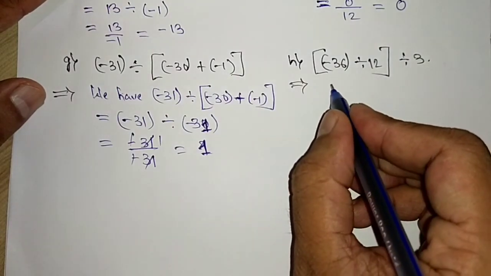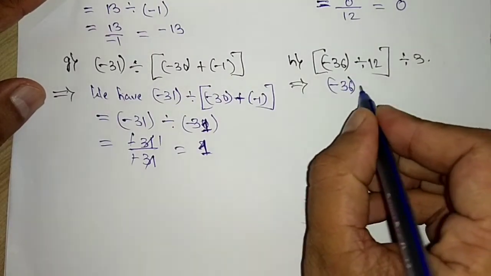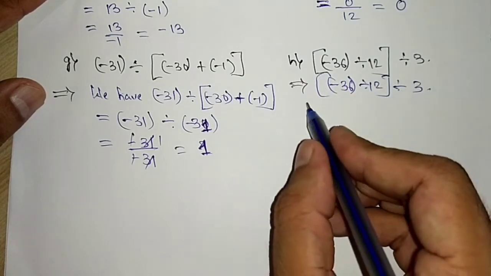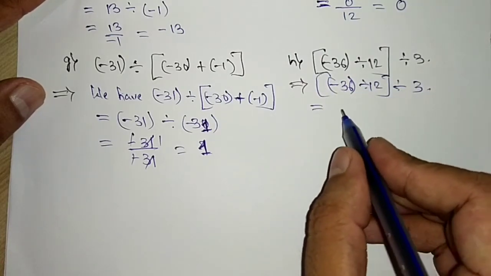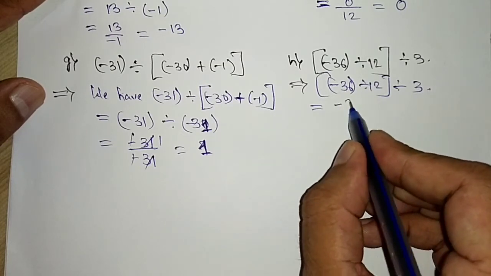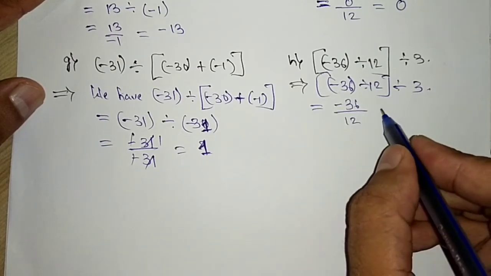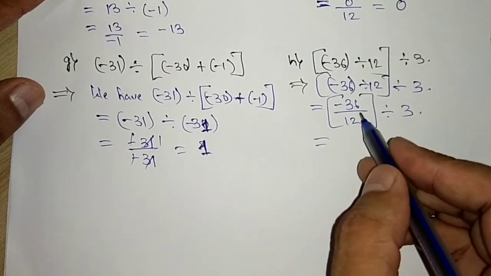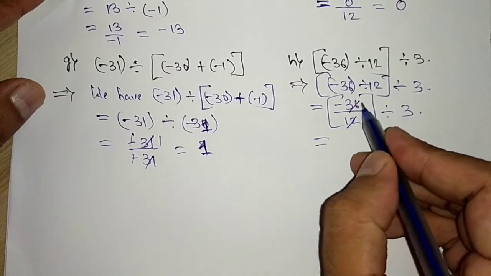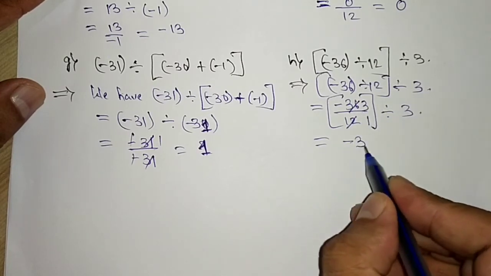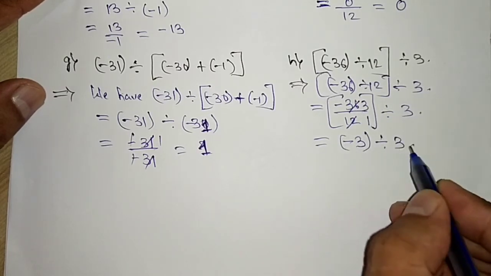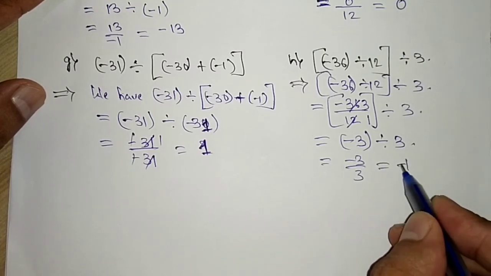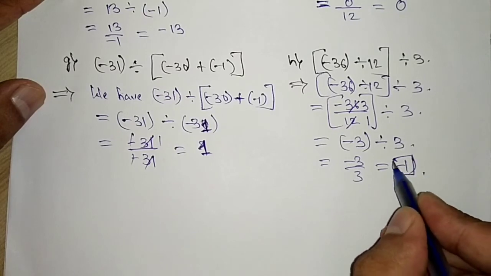So we will first solve the bracket, and then we will divide the remaining answer by 3. Minus 36 divided by 12, whole divided by 3. 12 ones are 12 and 12 threes are 36. So our answer is minus 3 divided by 3, which is equal to minus 1. This is your answer.